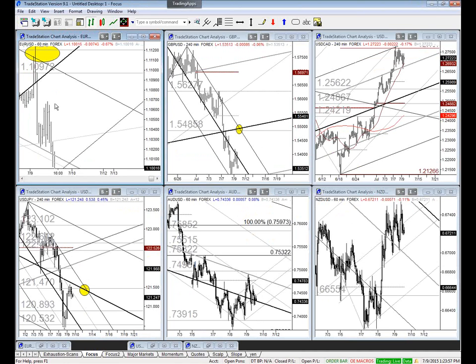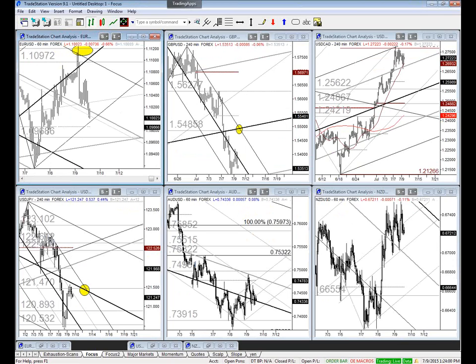We'll get to euro dollar in a second here, but just wanted to highlight. The entry was posted as 121.50, not 121.60. Oh, well, did I post it as 121.50 instead of 60? I guess if I did, then it would have gotten hit. Let's see here. Oh, the entry was 121.50.